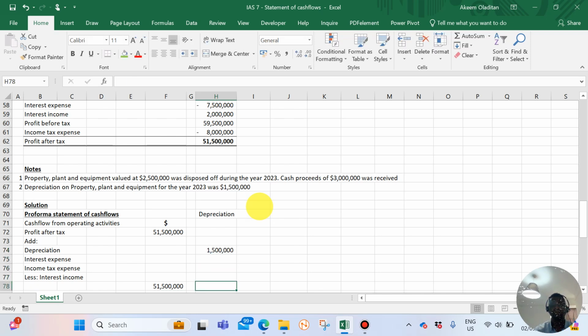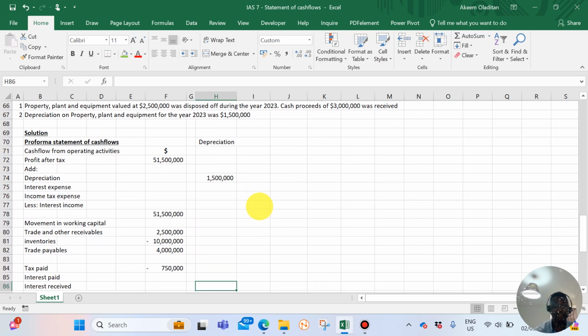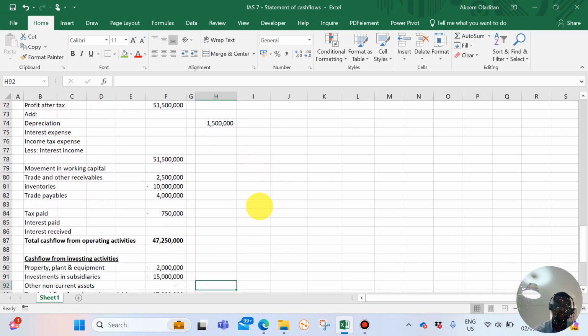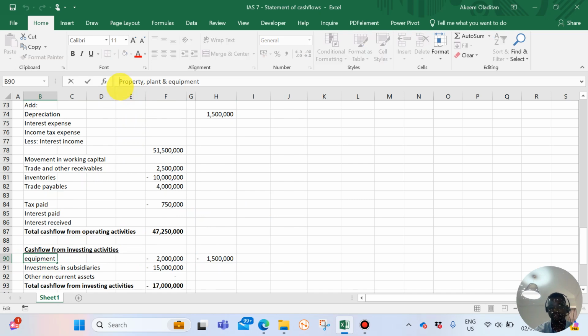Then, like we are posting our double entry, we need to find a way to adjust it. So depreciation will be taken off from property, plant and equipment. So this is a purchase of property, plant and equipment.